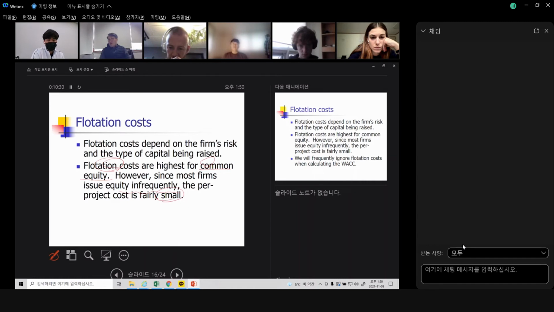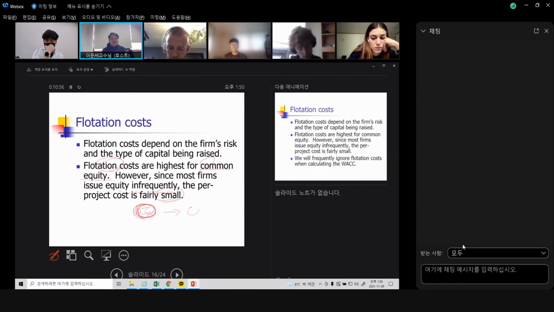So generally the company uses retained earnings. Then if there is a shortage of money, and they use the retained earnings completely, then they may be able to issue new common equity, right?